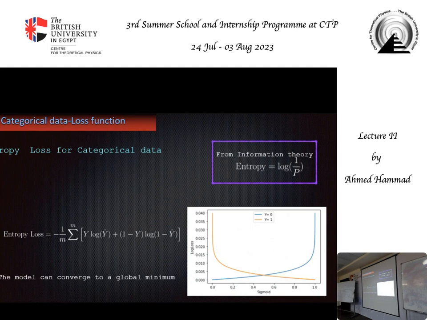The entropy is the log of 1 over the probability, so you can think of it as the uncertainty or the noise. Measuring the entropy means you measure the uncertainty of your predictions, like how far my model is from the right answer, or how many mistakes the model is making. And of course, as the entropy is log of 1 over the probability, we always have the minus sign here, and then the log of the prediction.